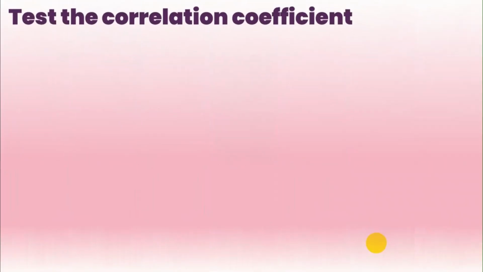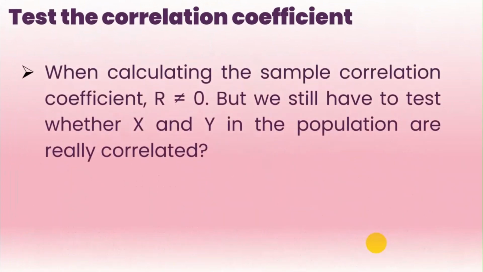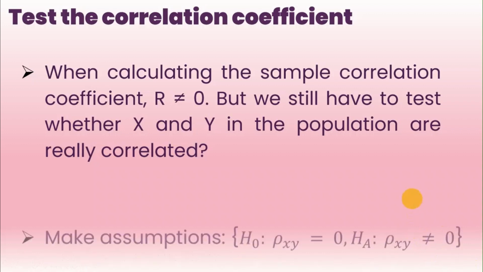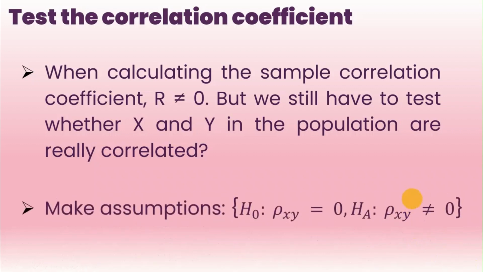And next, test the correlation coefficient. When calculating, the sample correlation coefficient is different from 0, but we still have to test whether X and Y in the population are really correlated. So make assumptions.